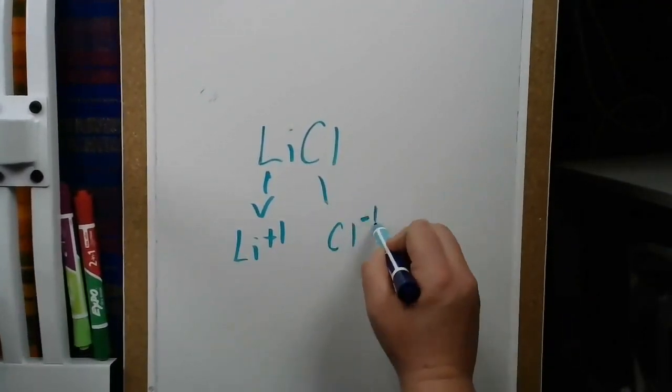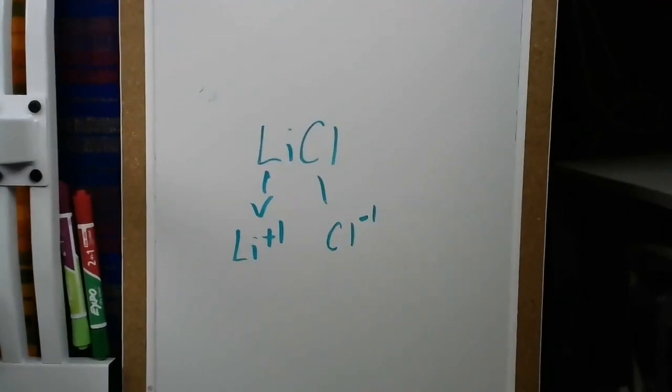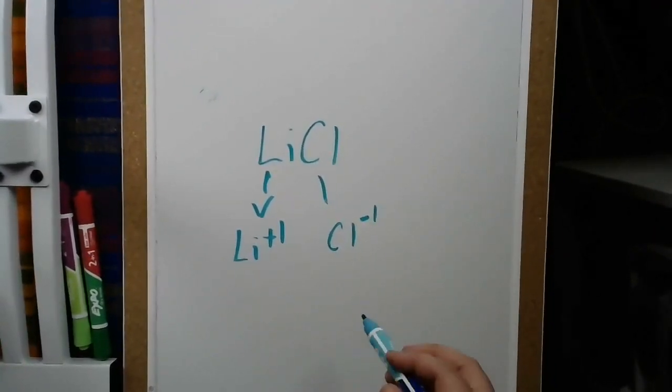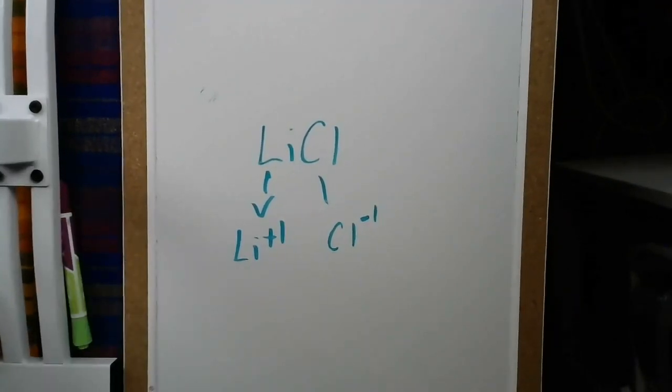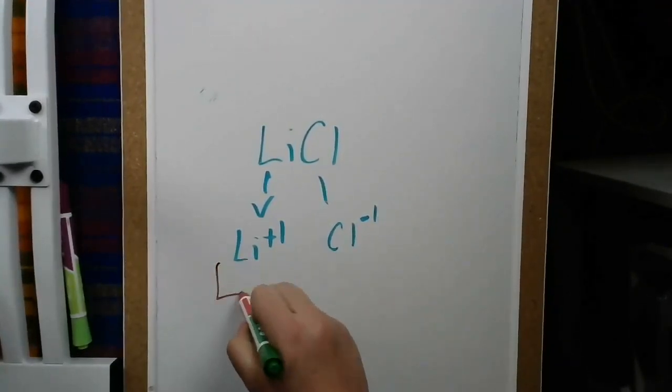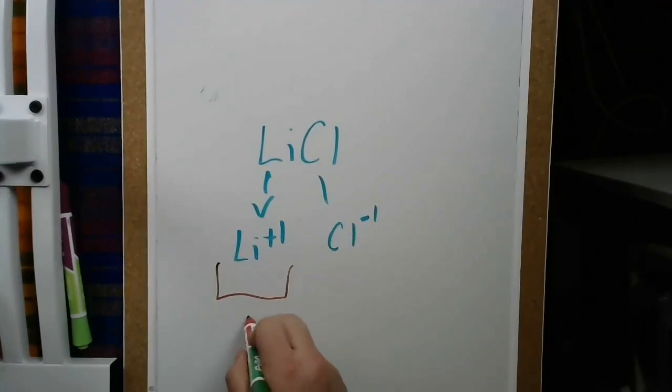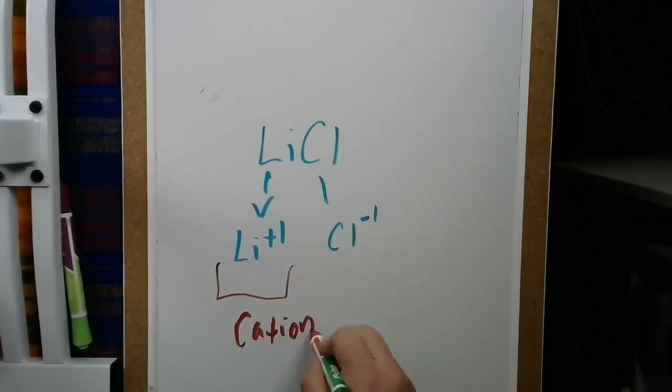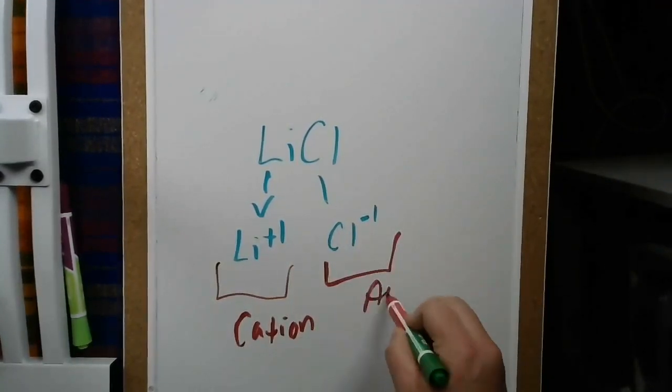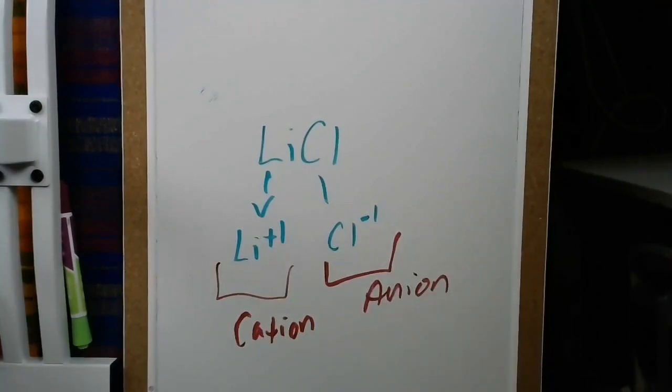Chlorine has a -1 charge because it's in group 7. So now you're deciding which one here is the anion and the cation. We do that based on whether the charge is positive or negative. The positive charge, that's the cation. The negative charge, that's the anion. So the chloride ions are anions, they are not cations.